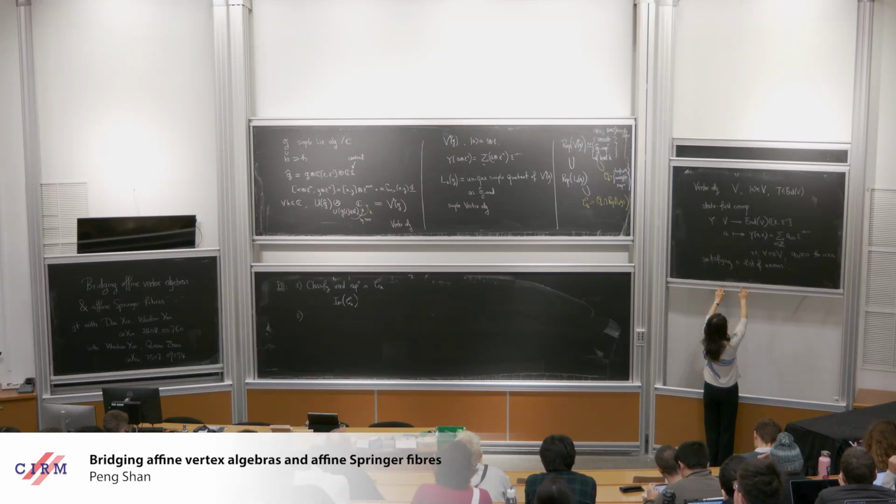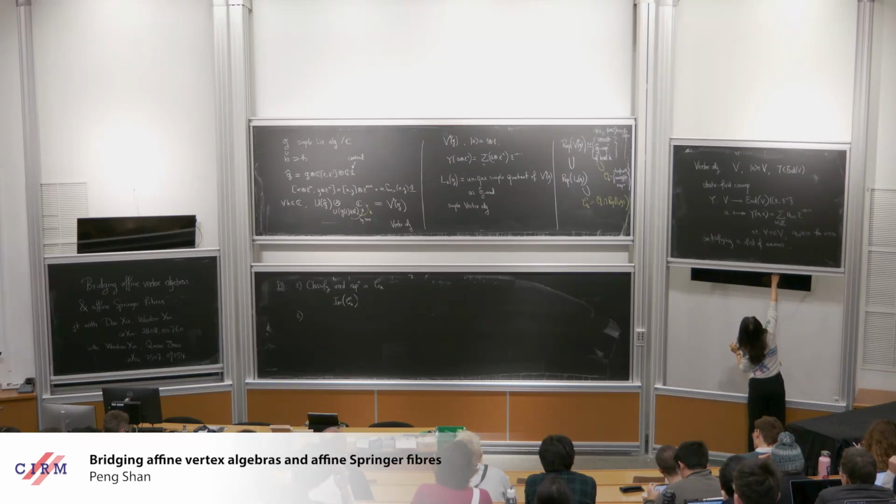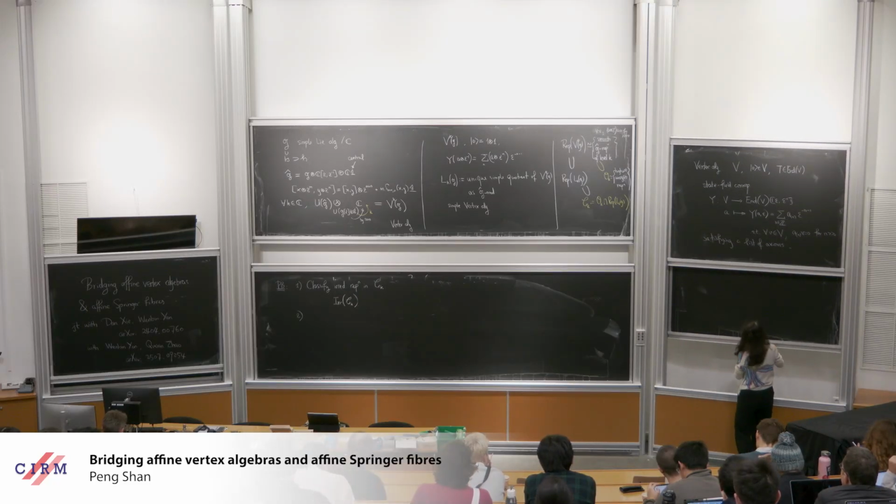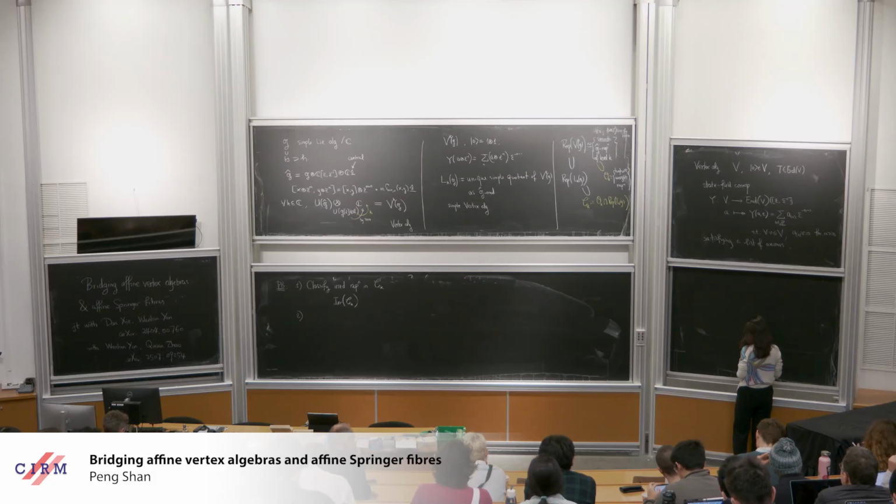So let me explain. What is an associated variety of a vertex algebra?